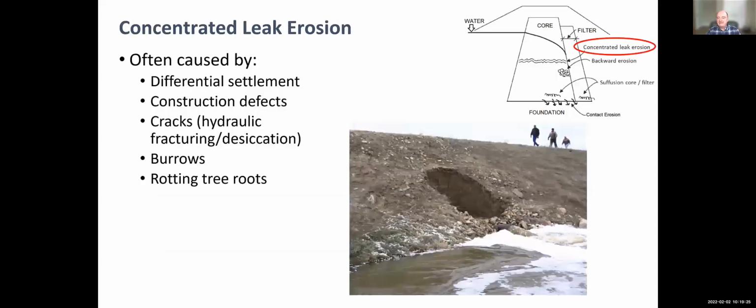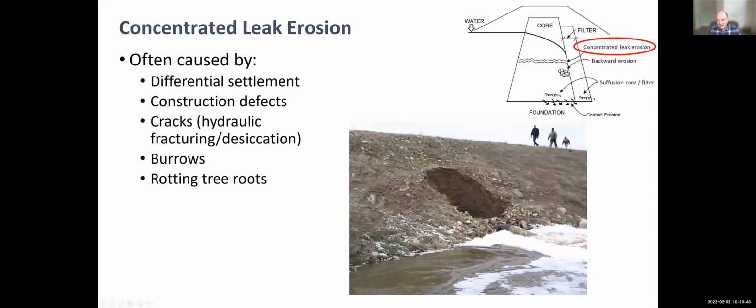You can have some of that seepage through your dam kind of concentrated. This looks like a low-level outlet that's probably going through your dam. And these structures that penetrate through your dam are often associated with a little bit more enhanced seepage along the outside of those structures, and they could be carrying particles out.